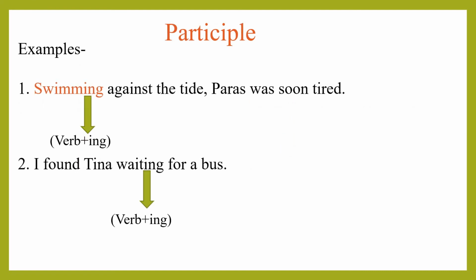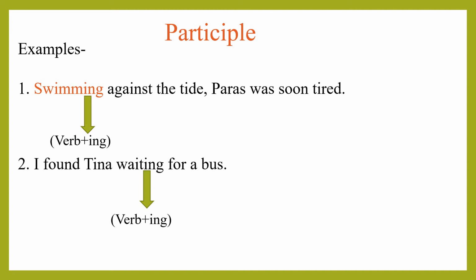Now we will talk about participle. A participle does the work of a verb as well as an adjective. The present participle is formed by adding ing to the verb, as you can see in the first example. "Swimming against the tide, Paras was soon tired." The word swimming here is used as a participle and does the work of an adjective.